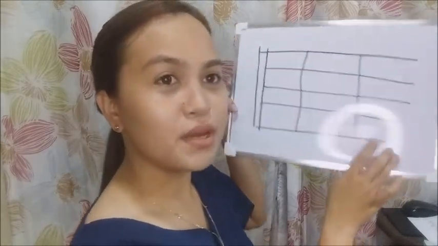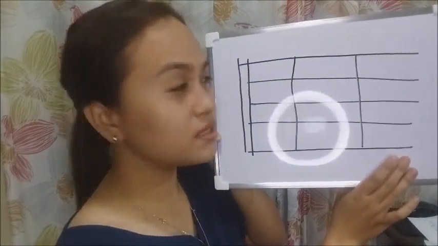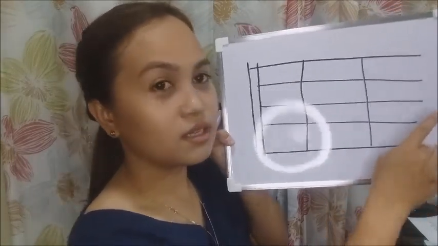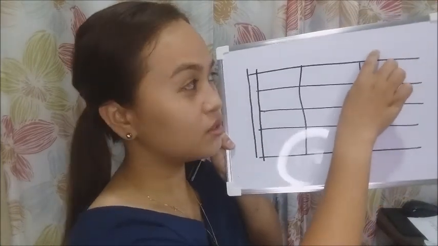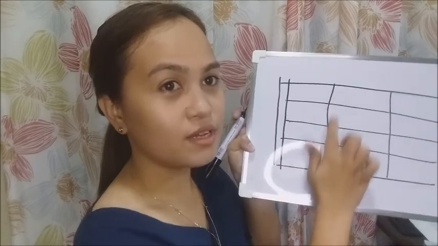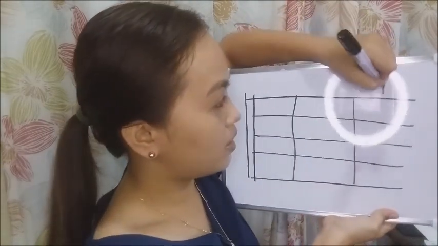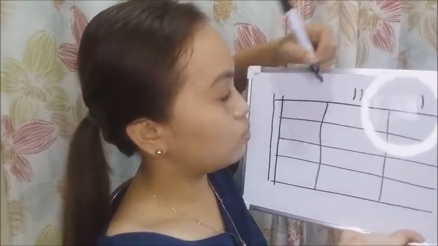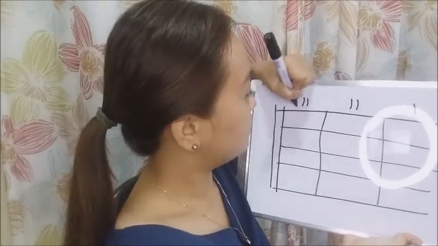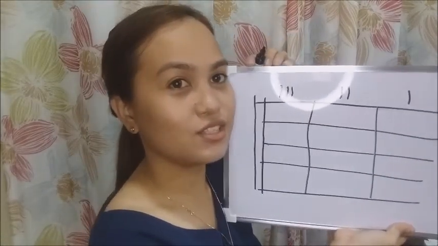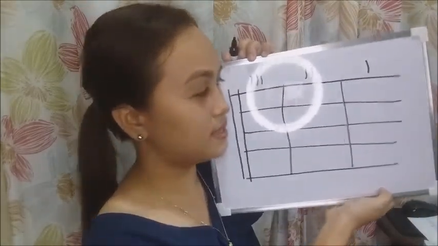How many measures do we have? You can guess. We have 1, 2, 3. So we have 3 measures in a staff.